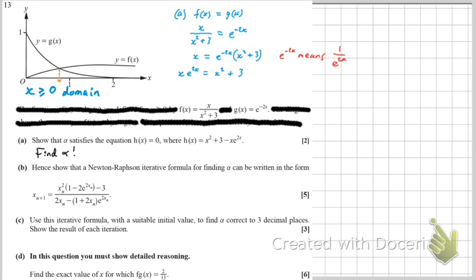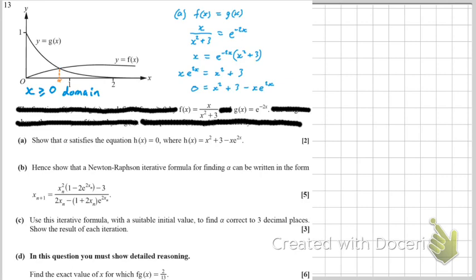And then you've done it. Just move that term over to the right. So that's that. I don't need to talk about h of x and so on. I've created the equation that they want, and maybe a conclusion is in order, but in this case I think you get all the marks for just stopping there.